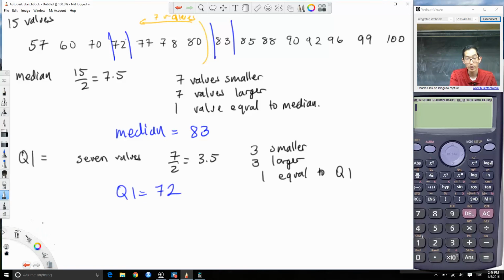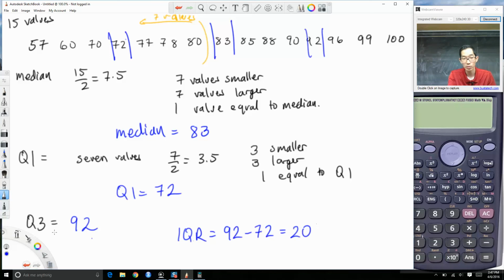All right, and what is Q3? Q3 would be 92, right? 3 smaller, 3 greater, 1 equal. So Q3 is equal to 92. So our IQR would be 92 minus 72, equal to 20.